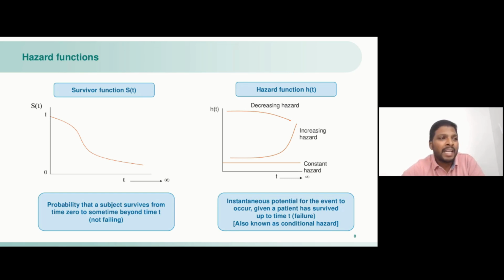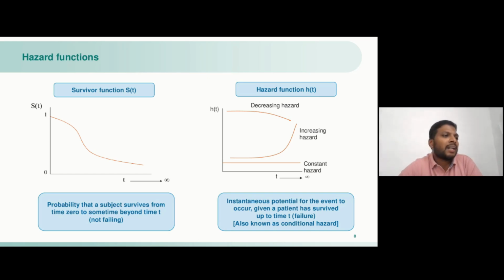The hazard at any point describes the instant risk of the event occurring, assuming the patient is still surviving until that point in time. Essentially, it reflects how quickly individuals are experiencing the event, for example, the rate at which patients are dying or discontinuing the treatment.